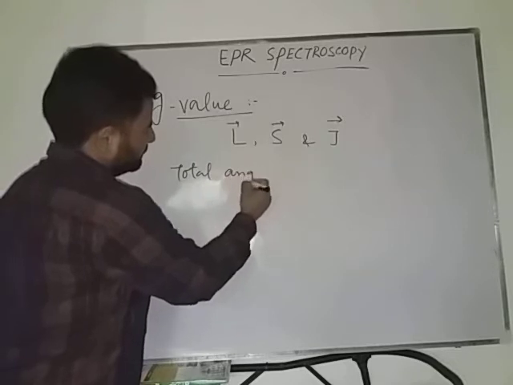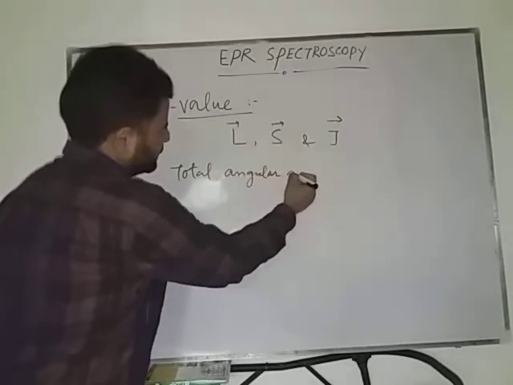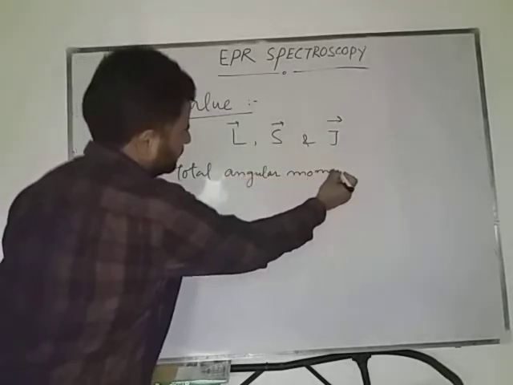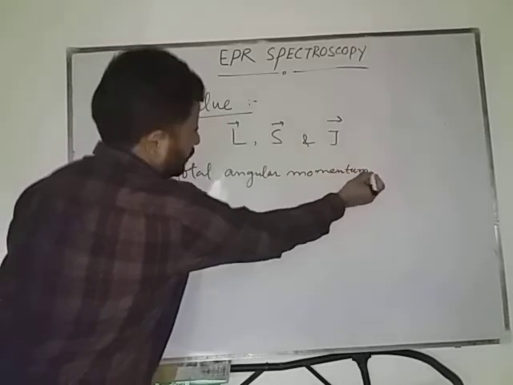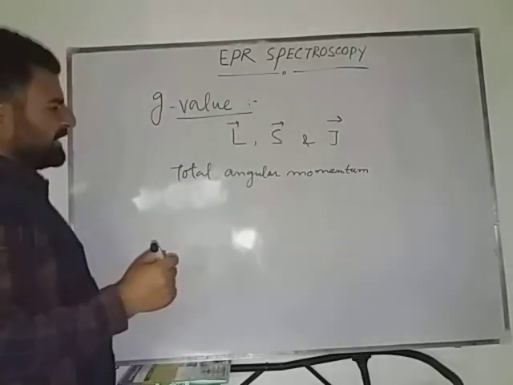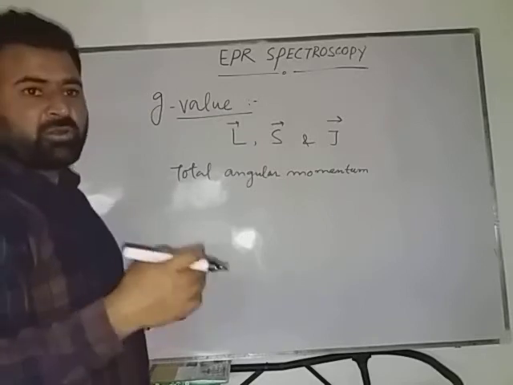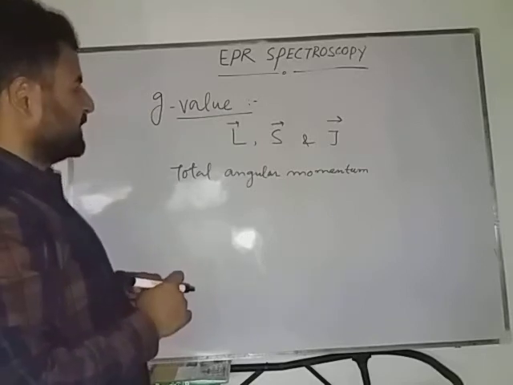As we know, the total angular momentum associated with an electron will be the summation of the orbital contribution and the spin contribution.